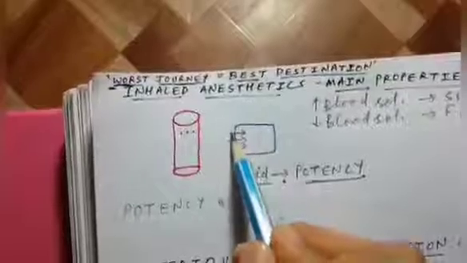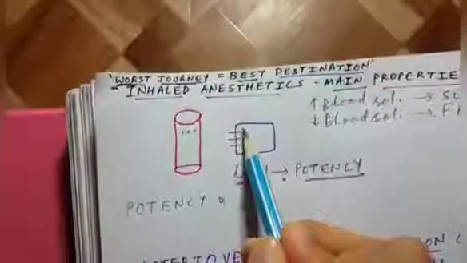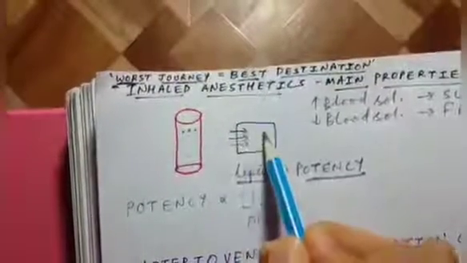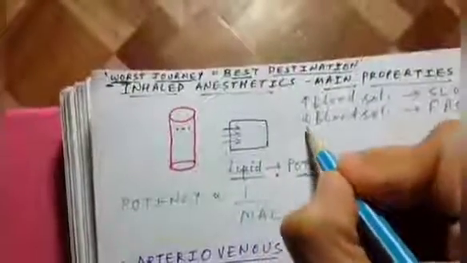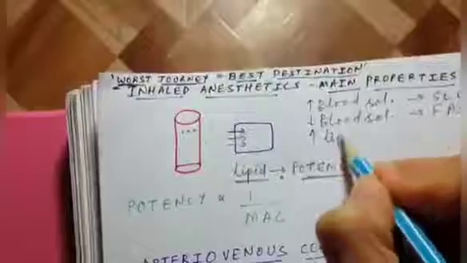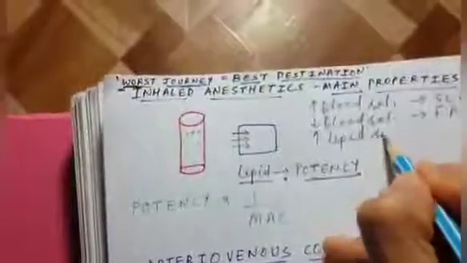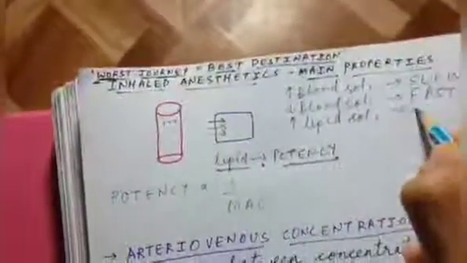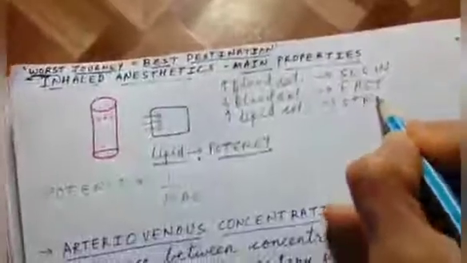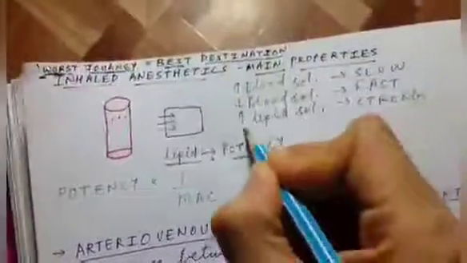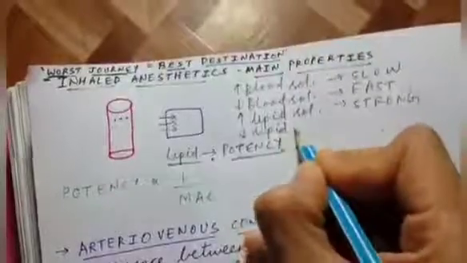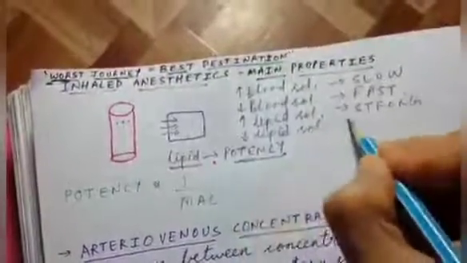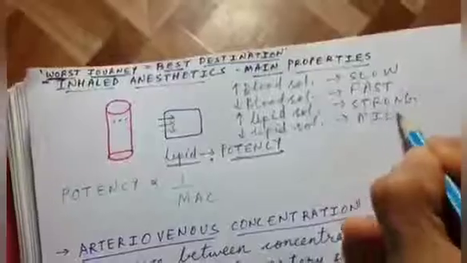It will enter the cell and produce its effect. So if it is highly lipid soluble, it will be a very strong anesthetic, and if it is less lipid soluble, then it will be a mild one. That's what we mean by potency.